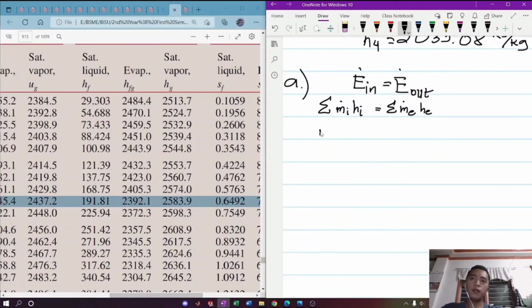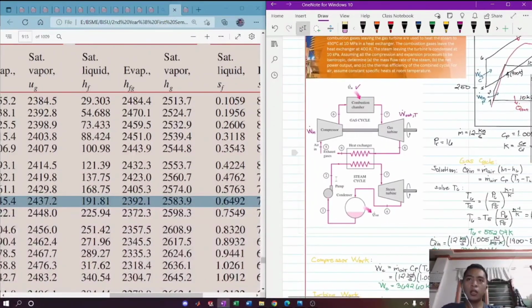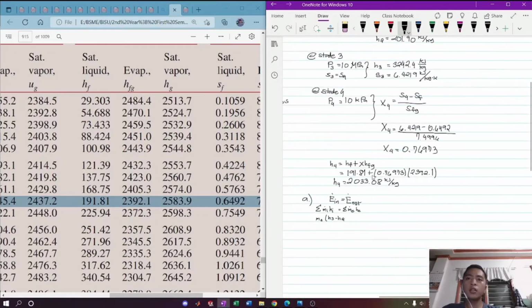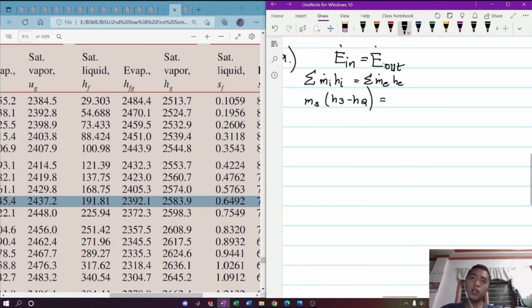So you have m dot s, H3 minus H2, sa dapit sa heat exchanger. Dapit is equal to sa steam ni siya, ms no?